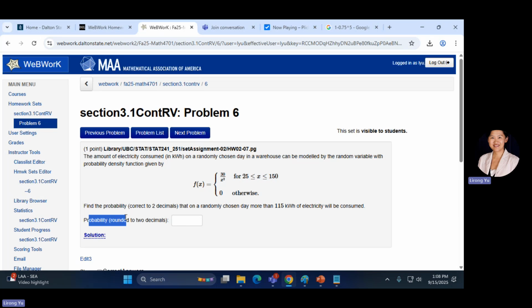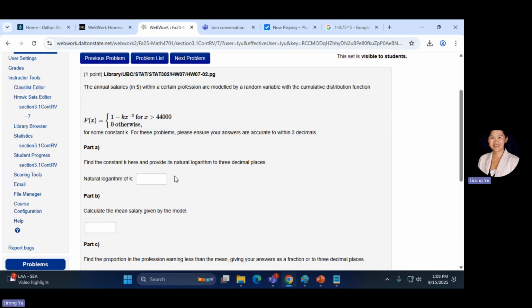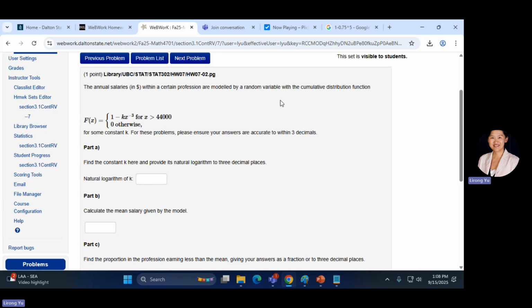Probability equals the integration of the density. This one you have to find the k first. You integrate the k, you find the derivative, and that will be the density function. Then the integration of the density function from the lower bound to infinity should equal 1. That will allow you to set an equation to solve for k. Once you have k, you can calculate probability. This is a CDF, that's the probability.